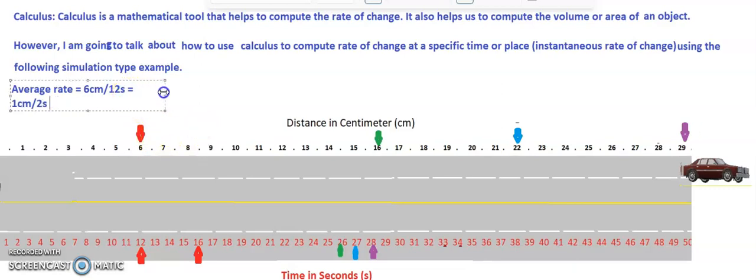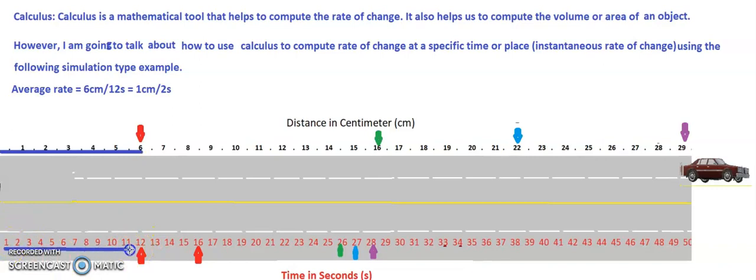Let me draw which part I'm talking about. As I showed you previously, the car moved first at the same speed from 0 all the way to 6 centimeter, and it took 12 seconds.